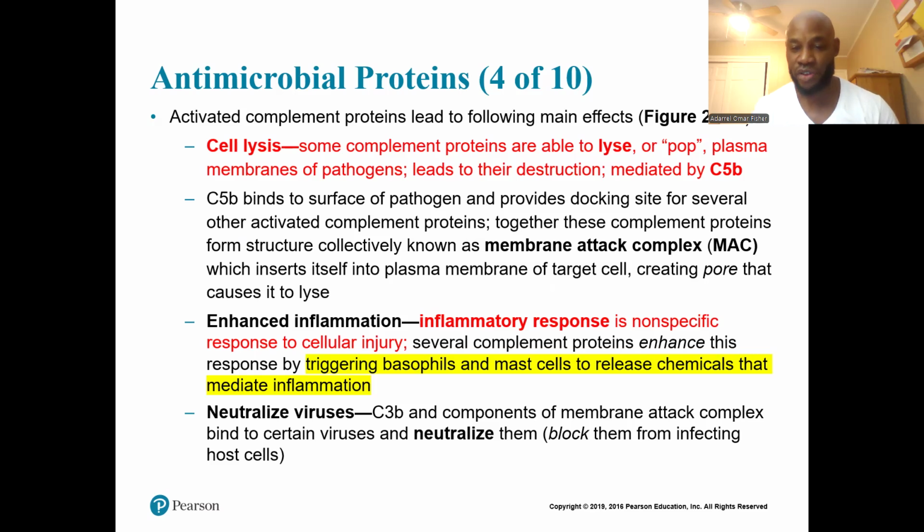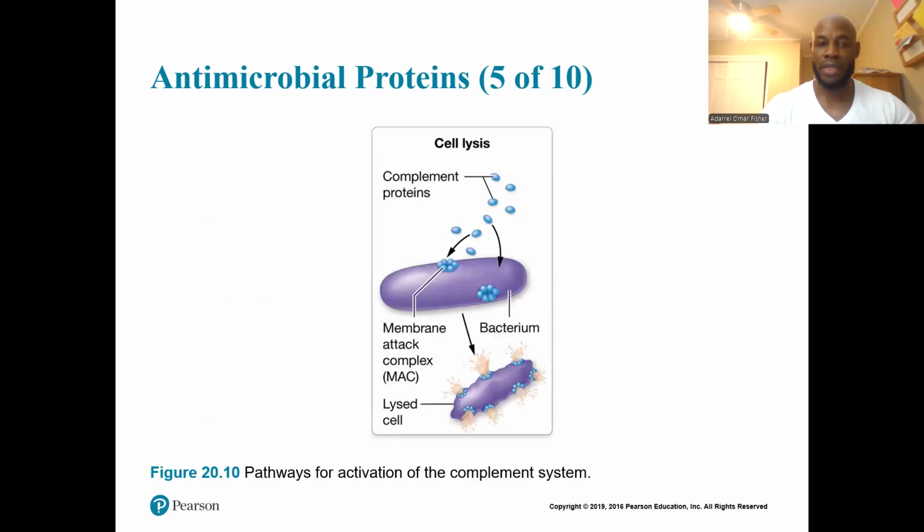Complement proteins enhance the inflammatory response, triggering basophils and mast cells to release chemicals that mediate inflammation. Complement proteins can neutralize viruses, attacking the complex to bind to certain viruses and neutralize them, blocking them from affecting host cells. Right, so that shows you the effect of some complement proteins that are floating around in your blood plasma right now.